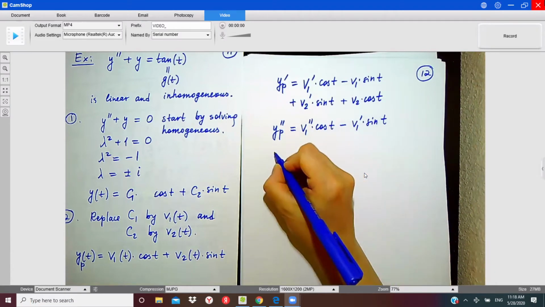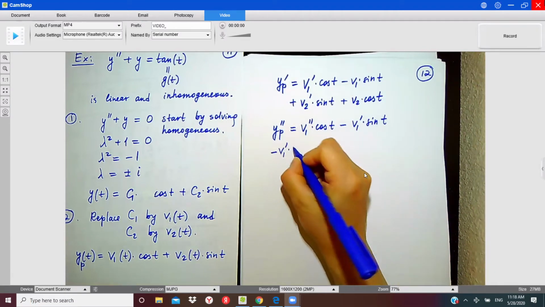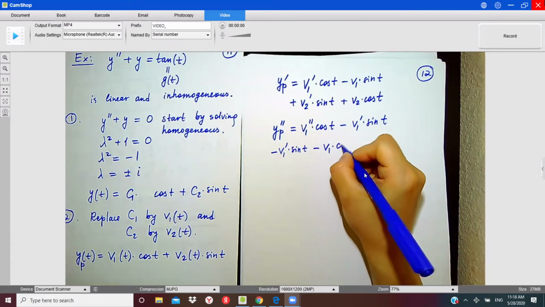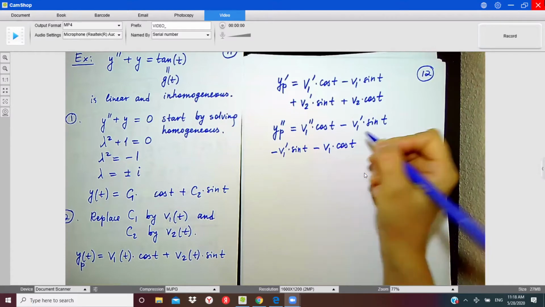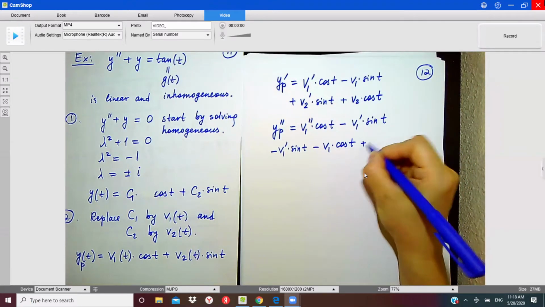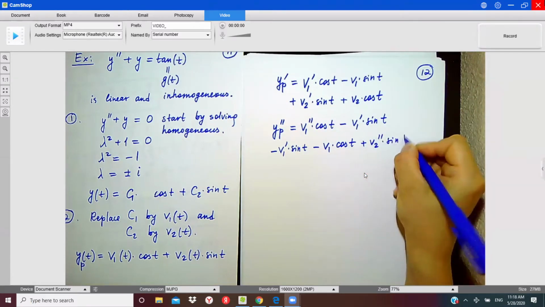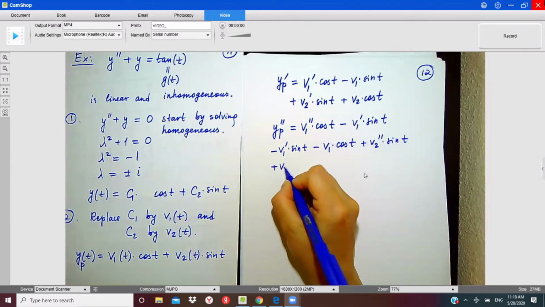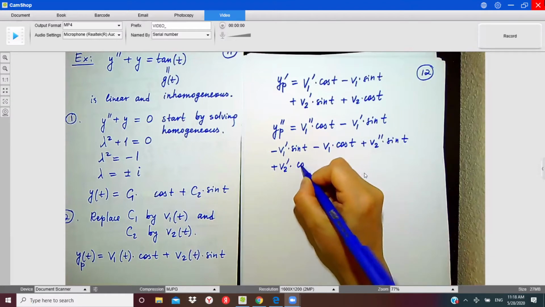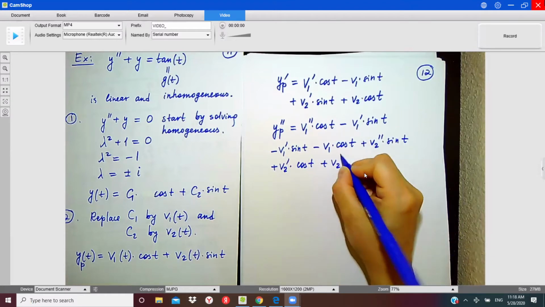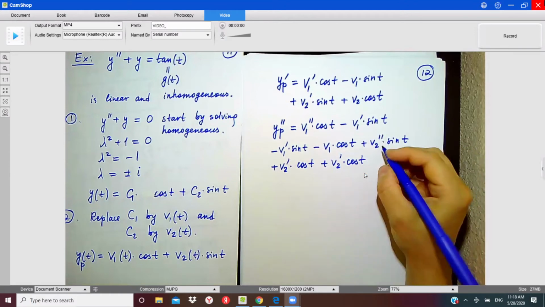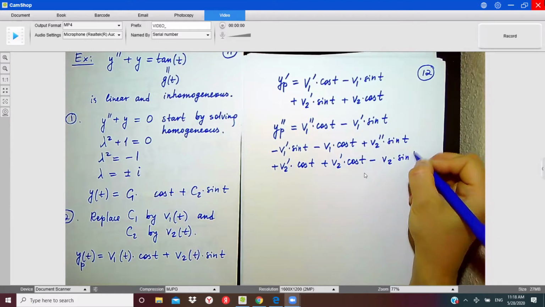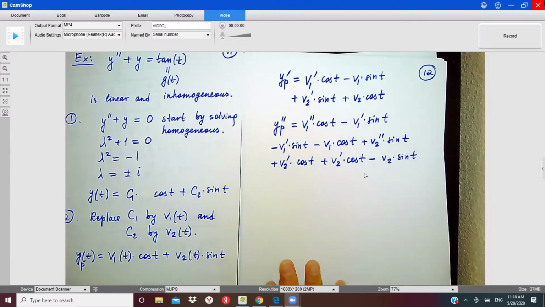Then we have minus v sub 1 prime sine of t minus v sub 1 cosine of t plus v sub 2 double prime sine of t plus v sub 2 prime cosine of t, v sub 2 prime cosine of t, and one more, minus v sub 2 sine of t. Do you agree with this? Yeah?